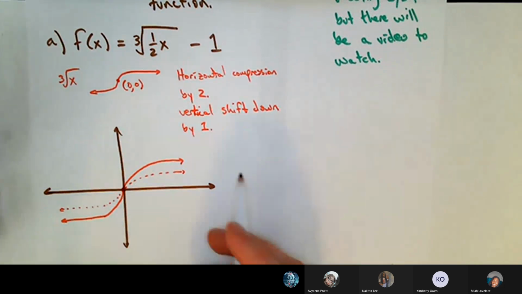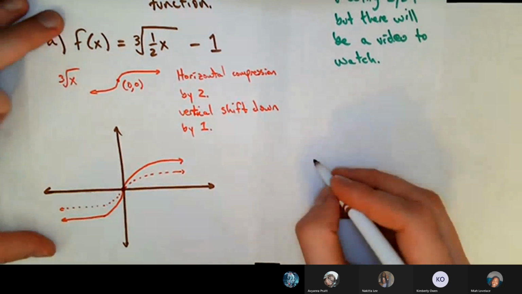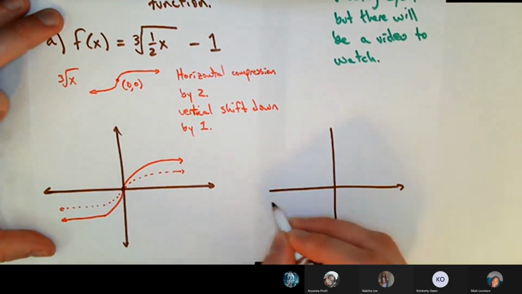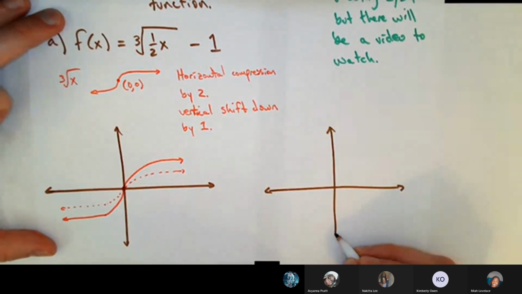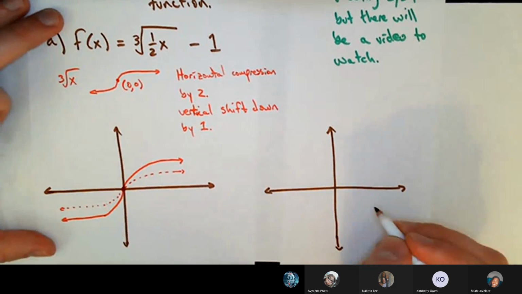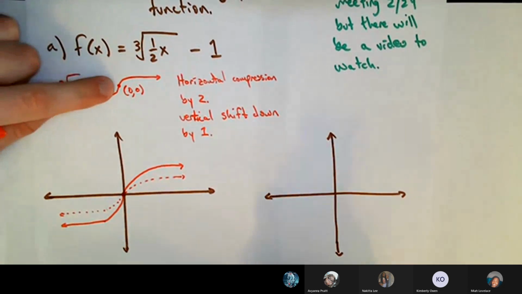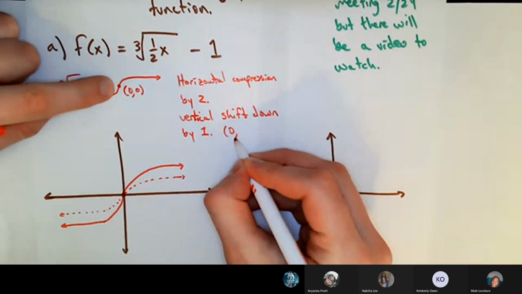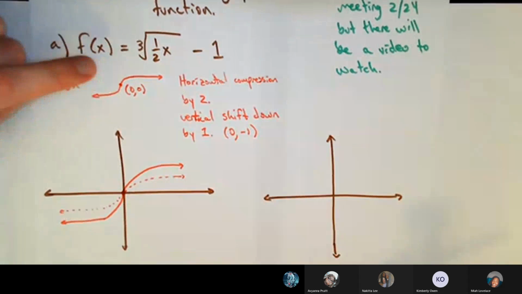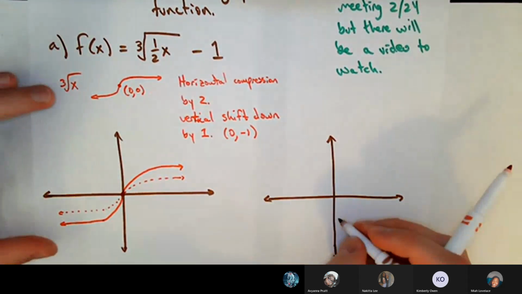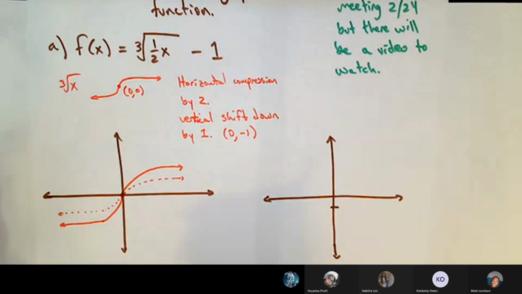Okay. Now, I also need to vertically shift down by 1, so I'm not done here. And actually, since I went ahead and drew that as a solid line, I should probably draw a new graph. And that's okay. You can do each one of these transformations as a whole new graph if you want. Now, when I shift this down by 1, I need to think about what's the easy point to think of, this anchor point. My anchor point is going to now be at 0, -1. If I'm shifting down by 1, that y value is changing to -1. So I'm going to now anchor this graph right there at 0, -1.